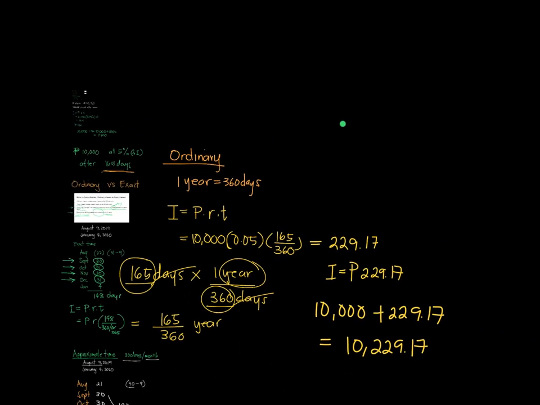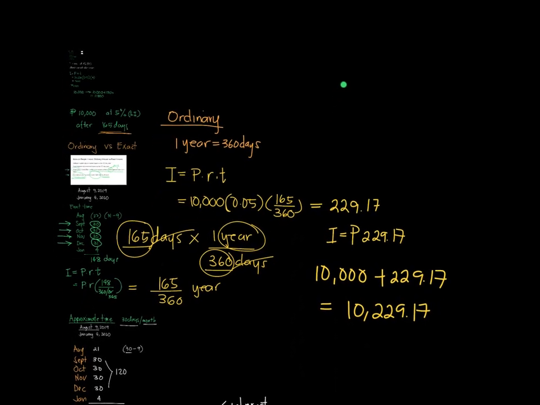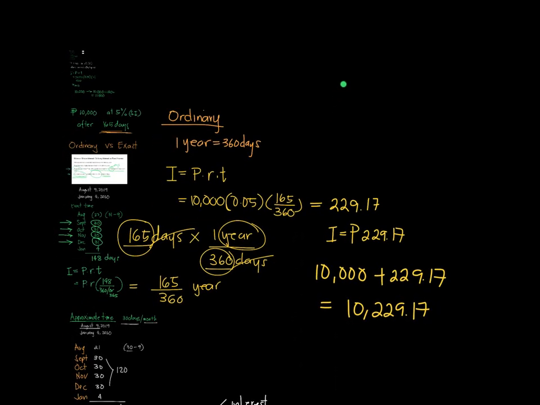I hope you understand now the difference between ordinary interest and exact interest, and also the difference between exact time and approximate time. In my other video, I'll show you 2 examples on how we use these concepts of ordinary and exact interest, and the exact time and the approximate time. Okay, that's it.